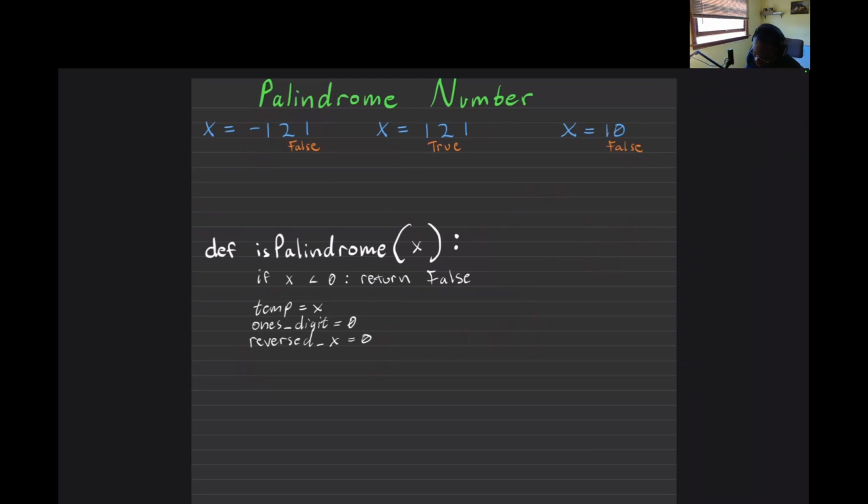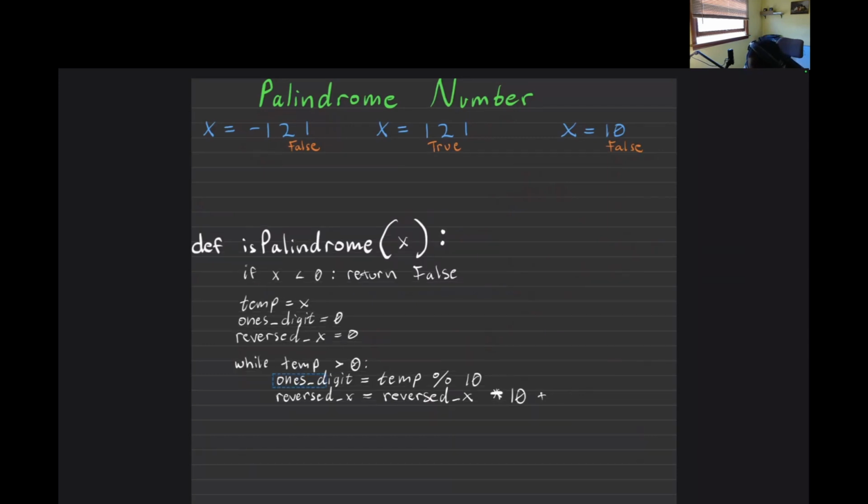So in order for this logic to hold, while temp is greater than 0, let's get the ones digit. The ones digit is equal to temp mod 10, because remember, if we mod by 10, we always get the ones place. Then reversed x is equal to itself multiplied by 10 plus the ones digit, okay?